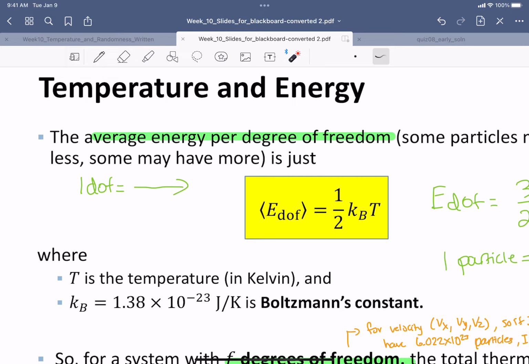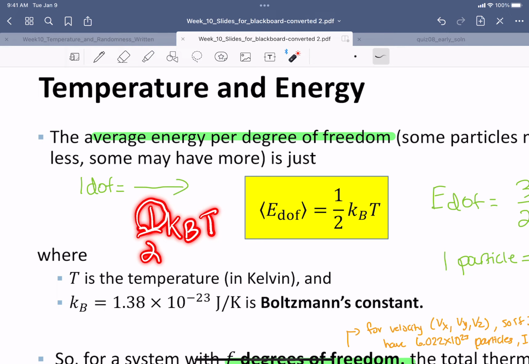Let's say, for example, there was a particle that can only move in the x direction. So it only has 1 degree of freedom. If I'm trying to figure out the average energy per degree of freedom, then it would be 1/2 kBT.